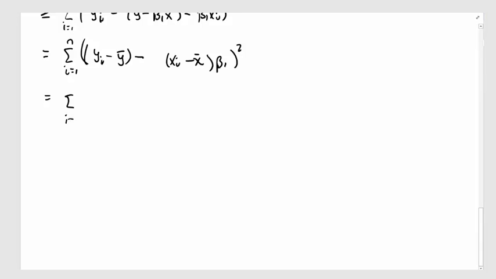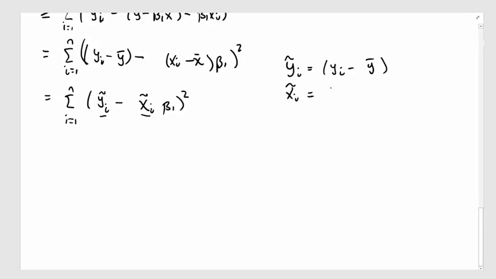This is summation i equal 1 to n of yi tilde minus xi tilde, in both cases, times beta 1, squared. This is exactly regression to the origin, where now my outcome is y tilde and my predictor is x tilde, where yi tilde is equal to the centered y's, yi minus y bar, and my xi tilde is equal to the centered x's, xi minus x bar.